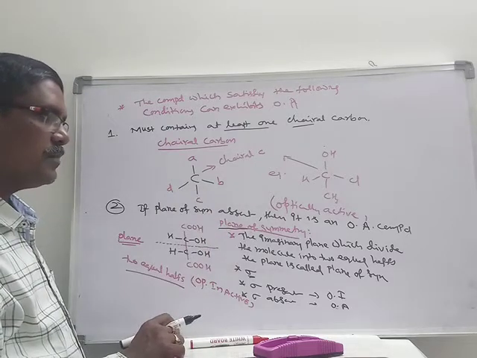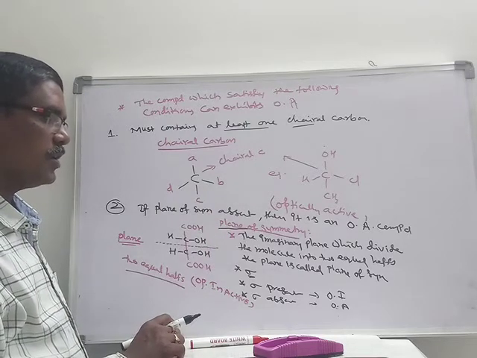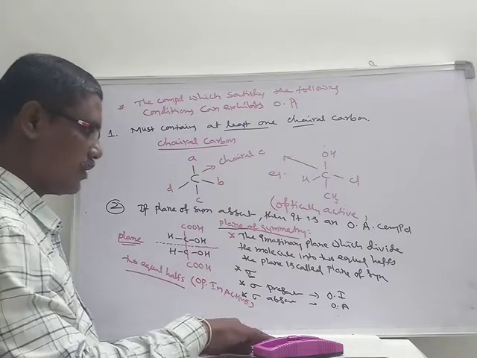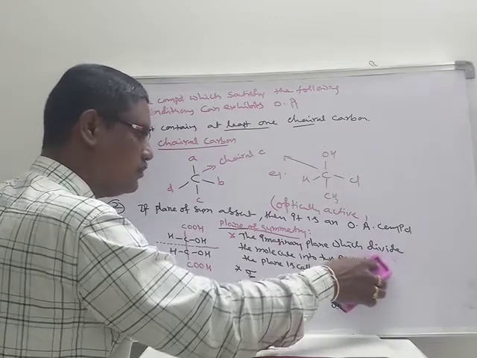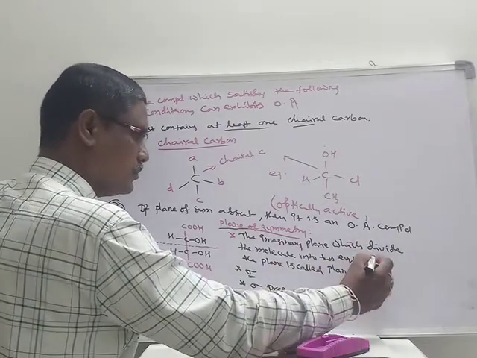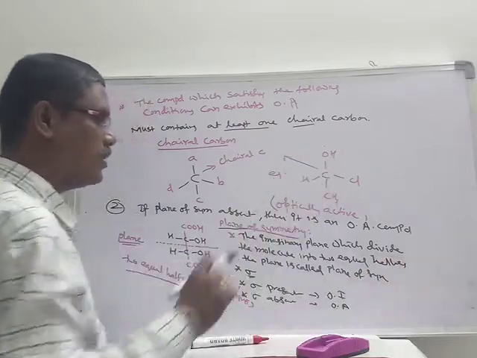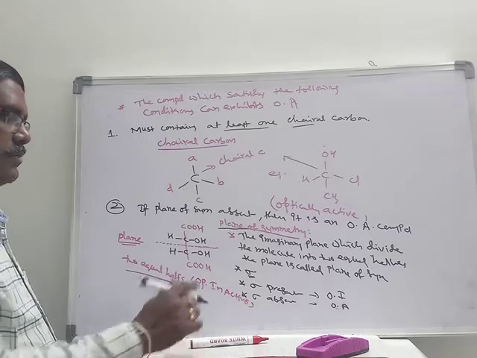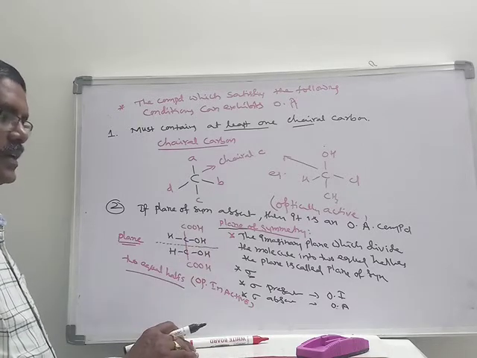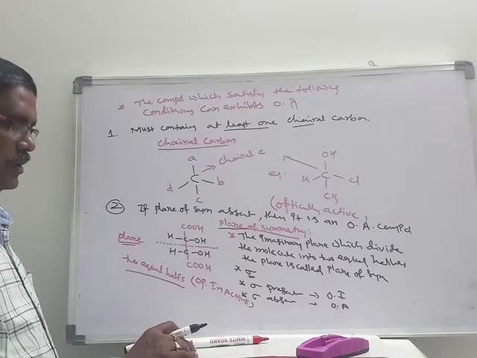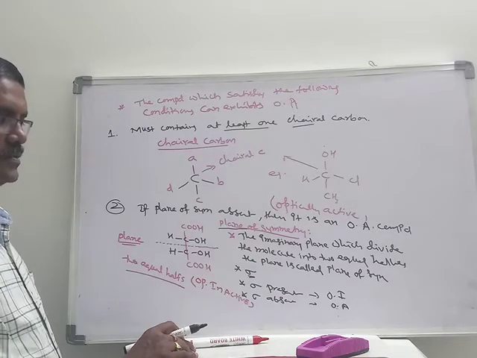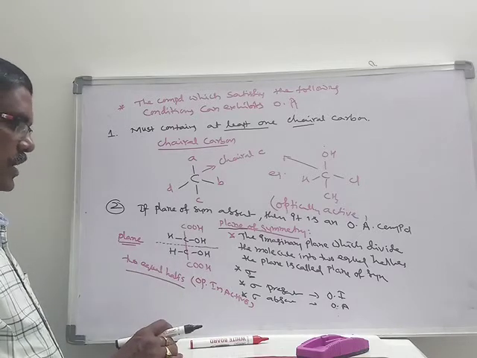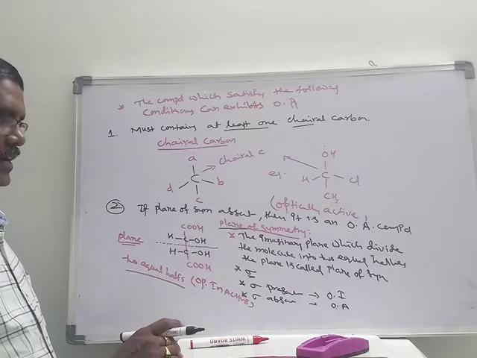The imaginary plane which divides the molecule into two equal halves is called the plane of symmetry. It is denoted by sigma. If sigma is present it is optically inactive; if sigma is absent it is optically active. Example for sigma: meso-tartaric acid. That's why it is an optically inactive compound.